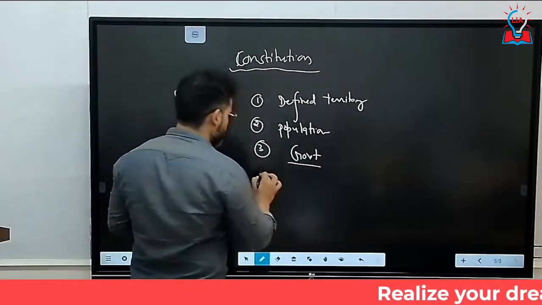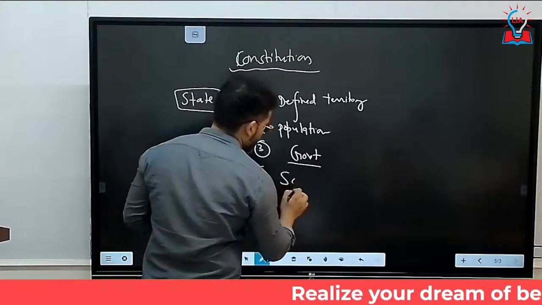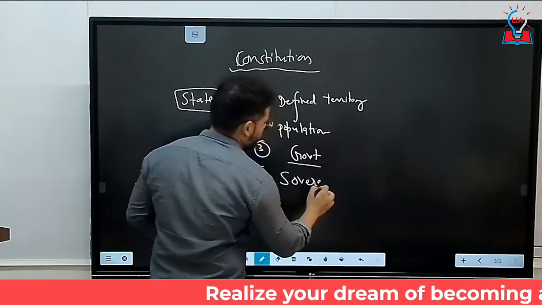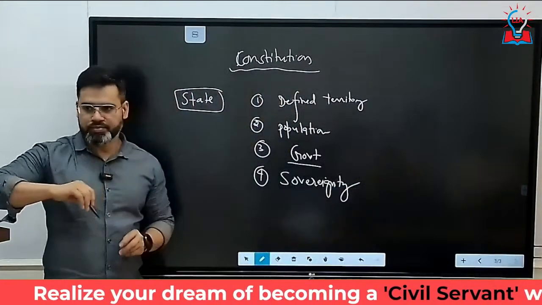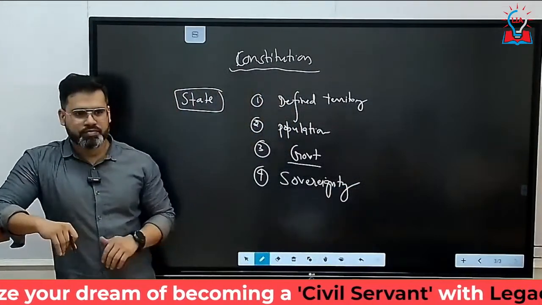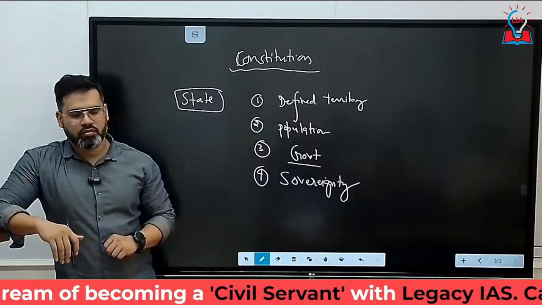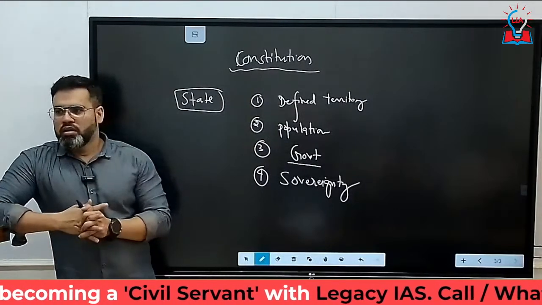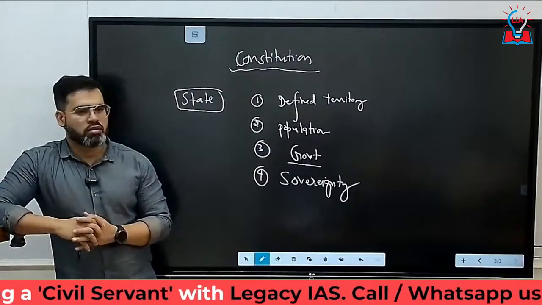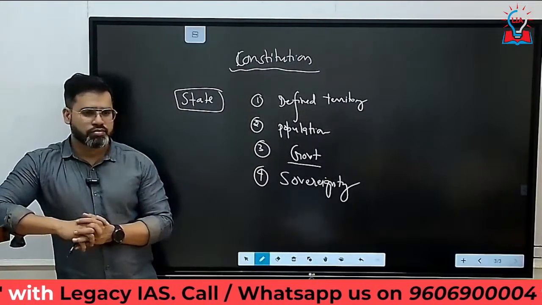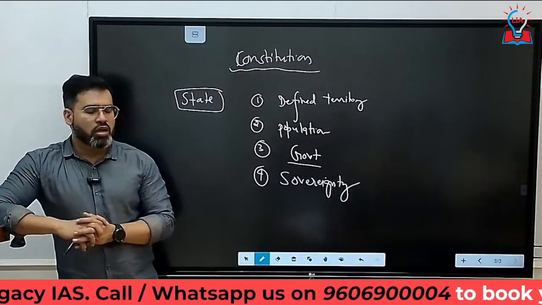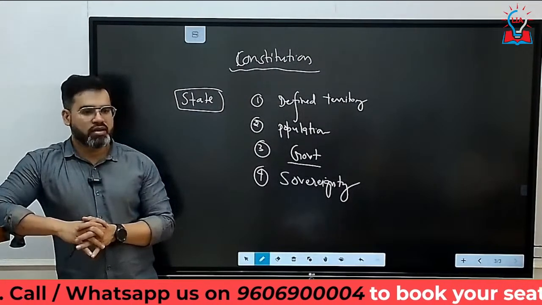And the fourth is sovereignty. State in the sense like princely states. State means country, India.